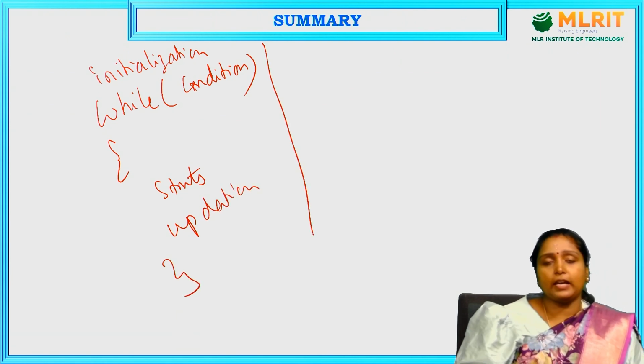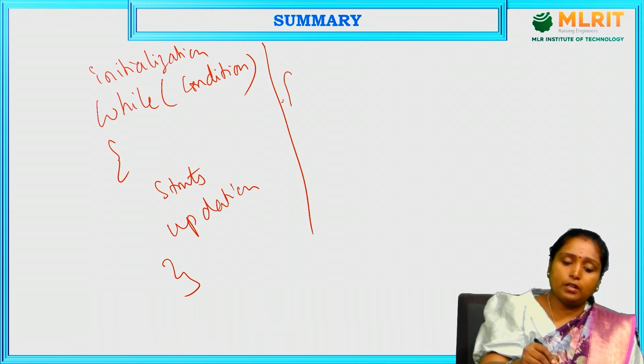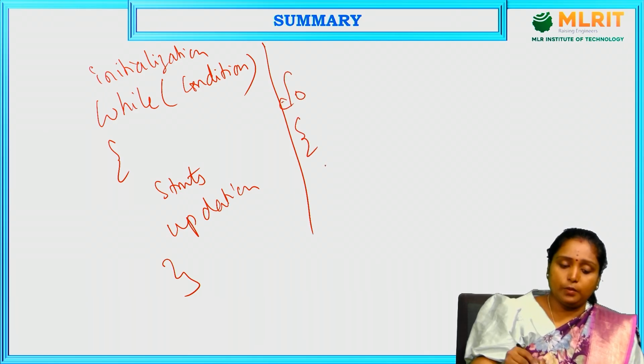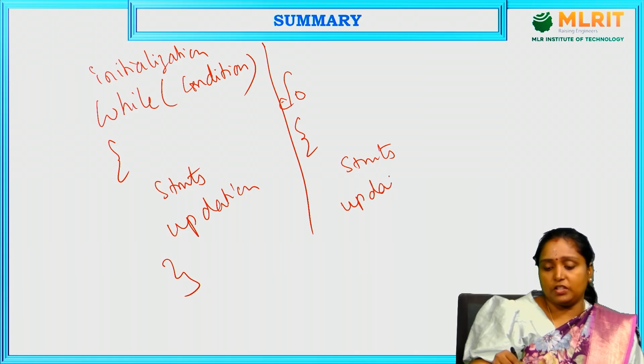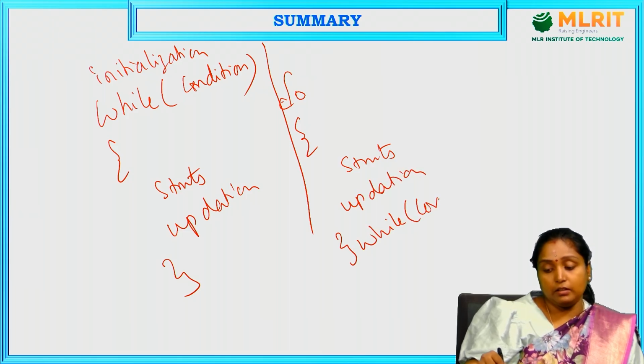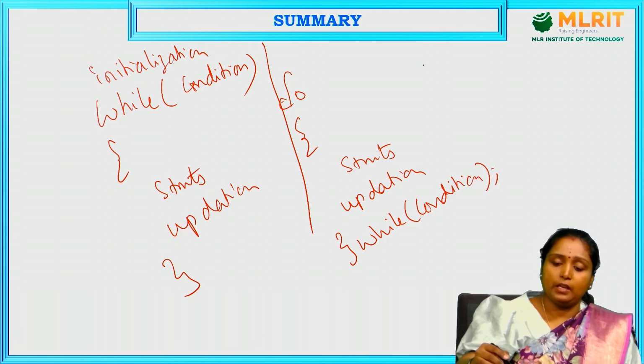So this was the syntax for the while loop. When it comes to the do while loop, do statements, updation, and we'll have the while condition. You should not forget the semicolon for the do while loop. This is the do while loop.